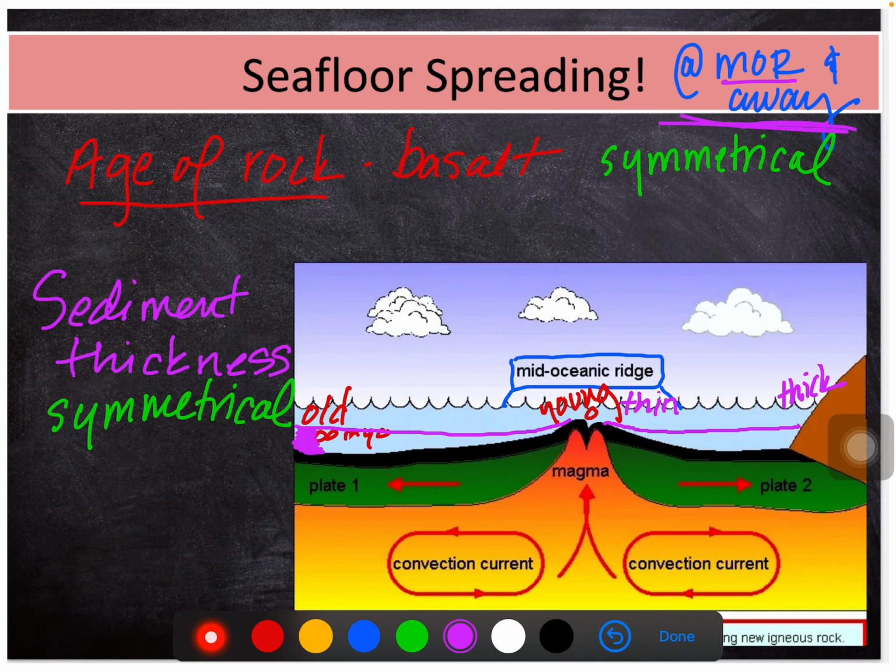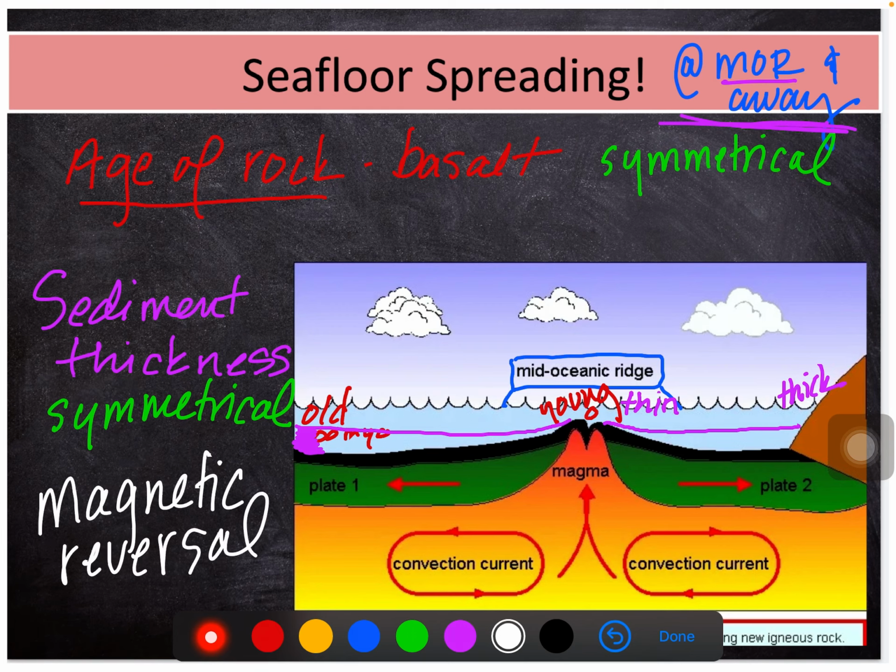Our final piece of data was the magnetic reversals. The idea that we're seeing the exact same symmetrical pattern on either side of the mid-ocean ridge with this piece of data. So again, the magnetic reversals are there because of the orientation of the Earth's magnetic field.